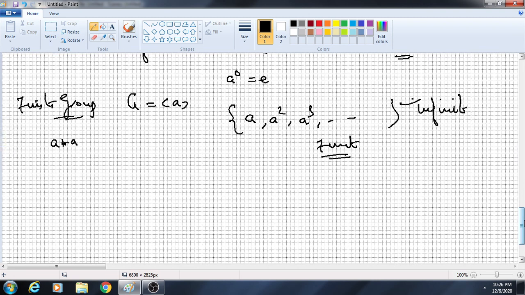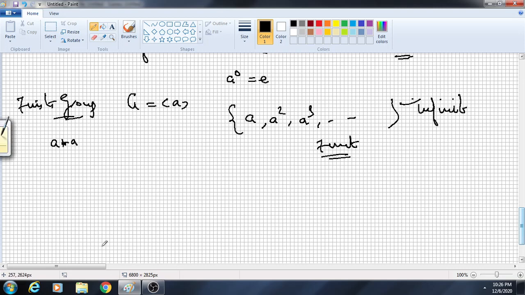If all the powers of a are different, I will be getting an infinite number of elements, but that is not possible because G is a finite group. All the powers of a should lie inside G, because G is a group and it is closed. Moreover, G is finite, so some of these powers will be the same.